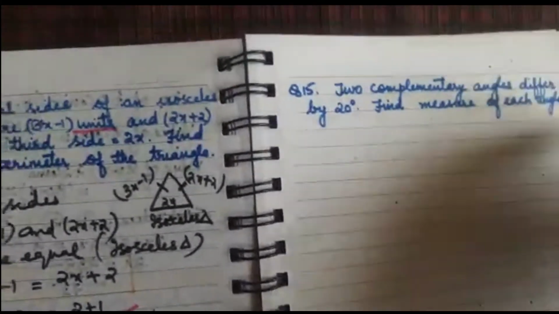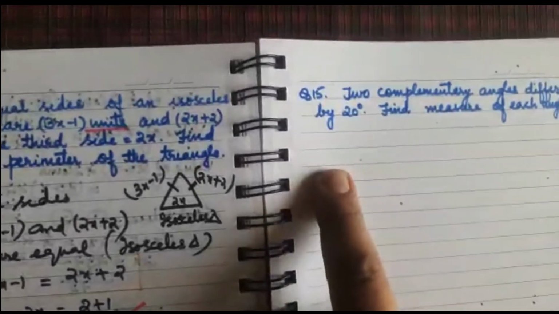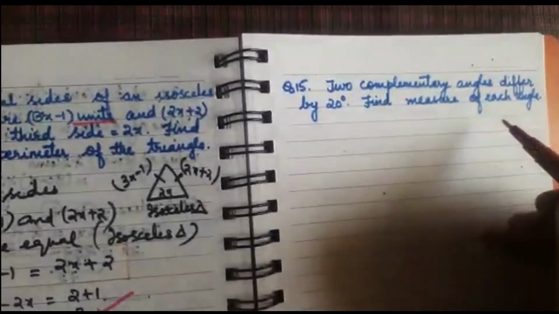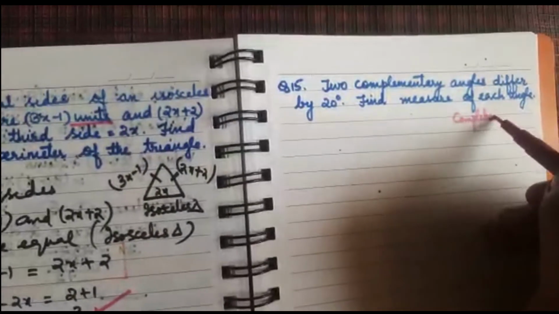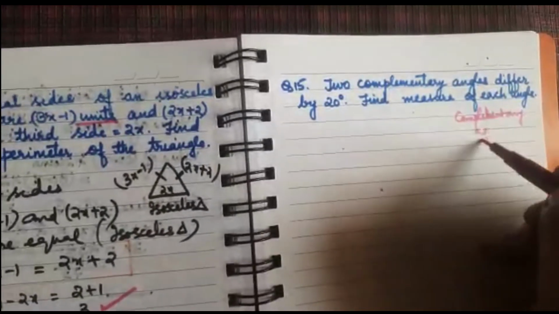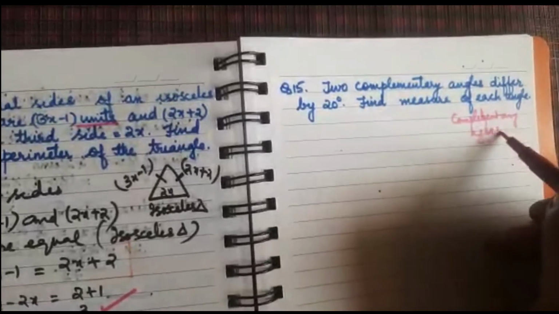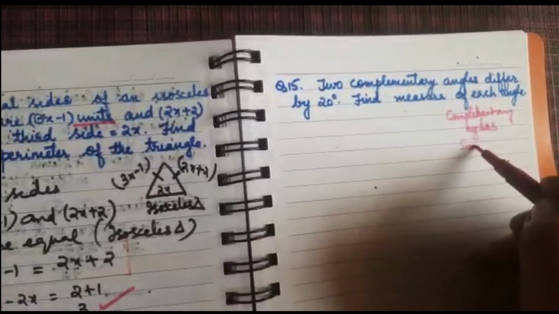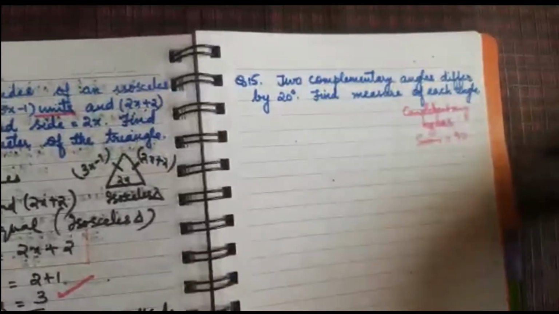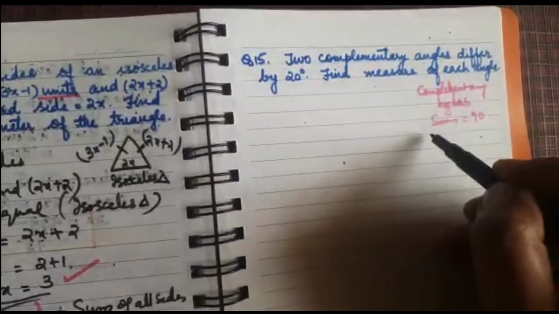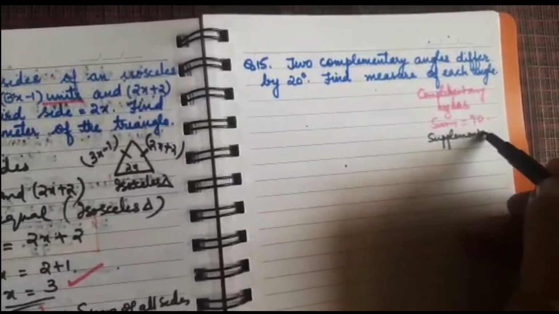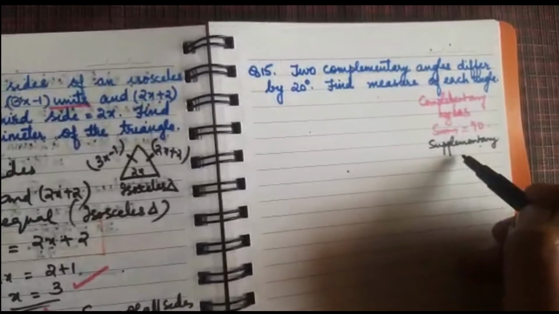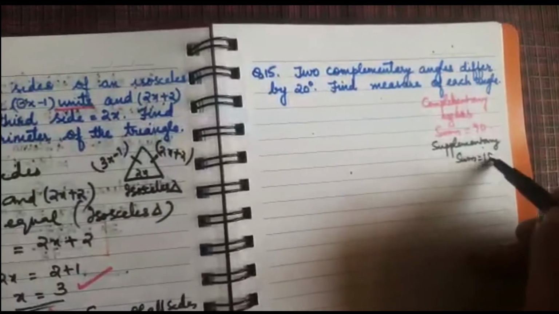Now the last question is, two complementary angles differ by 20 degrees. Complementary angles means the sum is 90 degrees. Otherwise, supplementary means the sum of two angles is 180 degrees.